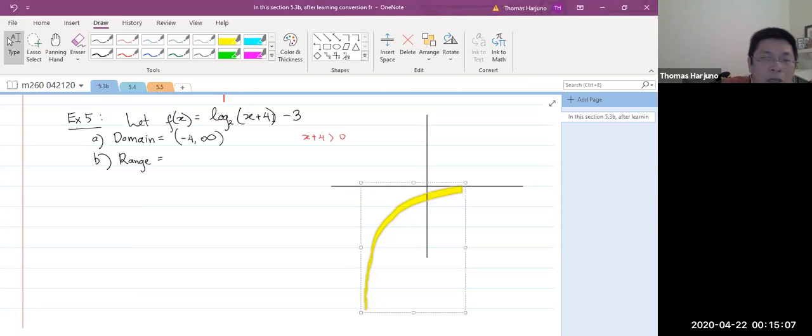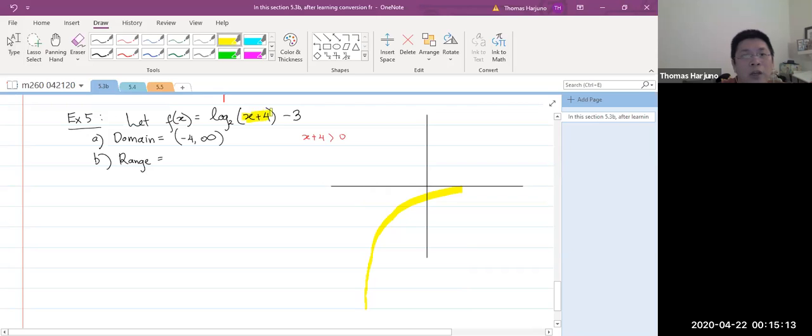But if the argument goes from 0 to infinity, in this case x between -4 and infinity, then the range will also be all real numbers. So the range in this case will still be all real numbers.